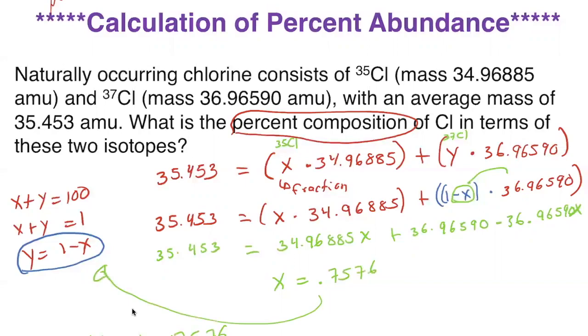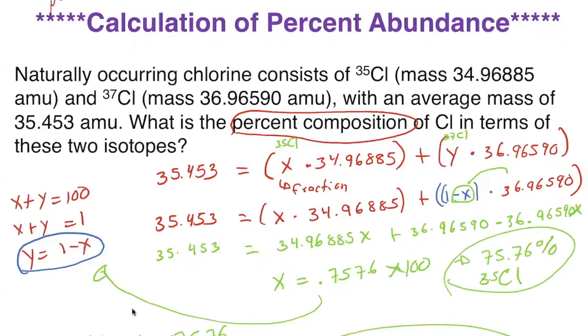So if you multiply it by 100, you get 24.24%, this is going to be your Y, which is chlorine-37. And X times 100 is going to be 75.76%, which is your chlorine-35. As long as you give me this on your exam, you will be fine.